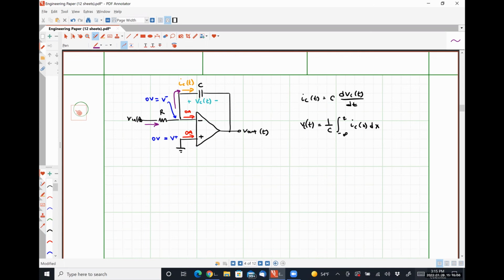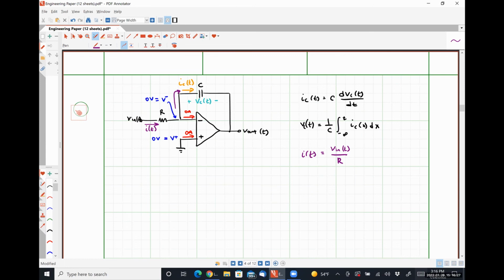The current that I've drawn in purple, let's just call it I of t for right now, can be written as Vn divided by R. Everybody okay with that?